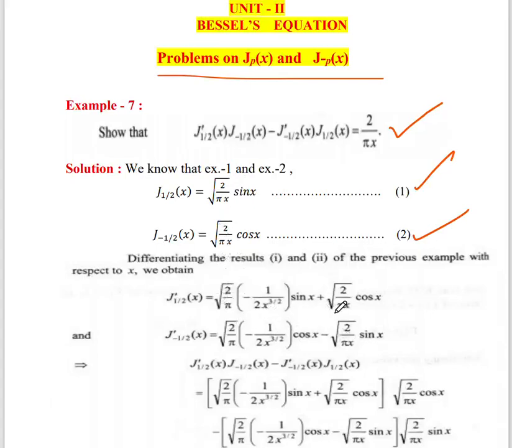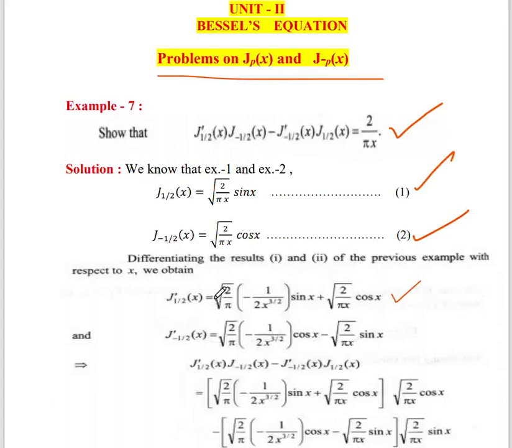Here we will use the product rule: derivative of first function into second function as it is, plus first function into derivative of second function. So the derivative of first function is minus 1 upon 2 x to the power 3 by 2, second function as it is, plus first function root 2 upon pi x as it is, into derivative of second function, that is cos x. Here we have used the product rule.